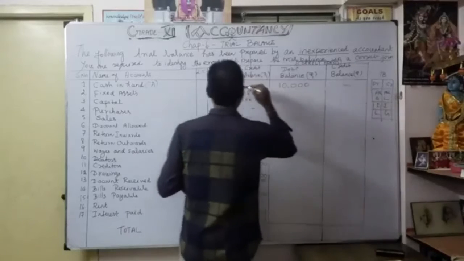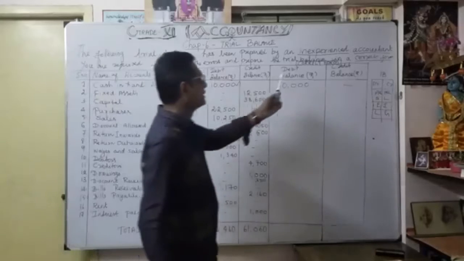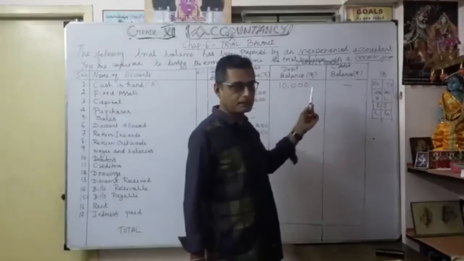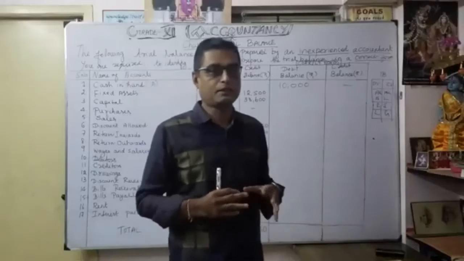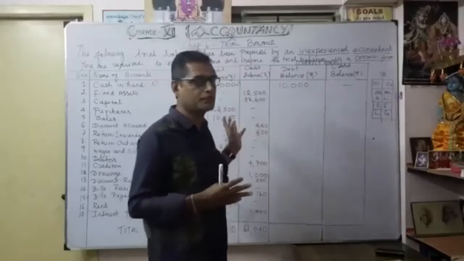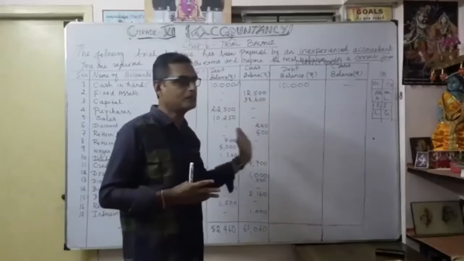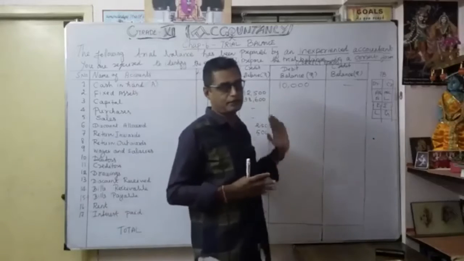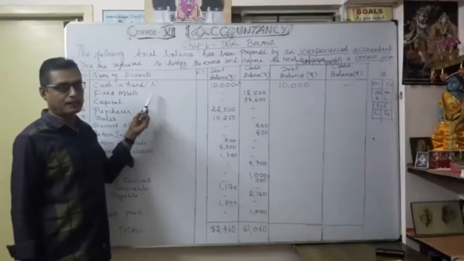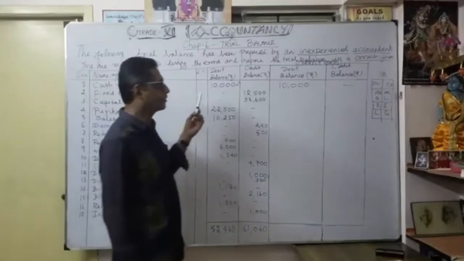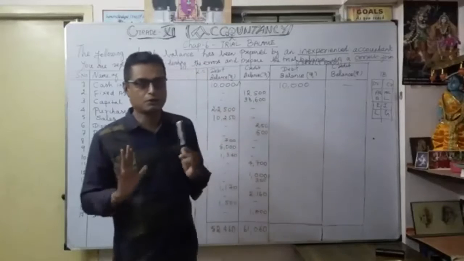Under the correct form, I make the debit balance and credit balance columns, simultaneously showing how to rectify errors. But whenever they give you the exercise, you have to do it separately. Here, for understanding purposes, I did it simultaneously. So you understood that cash in hand comes under assets, so I write a debit balance. It is already a debit balance only, so no mistake. It is correct.